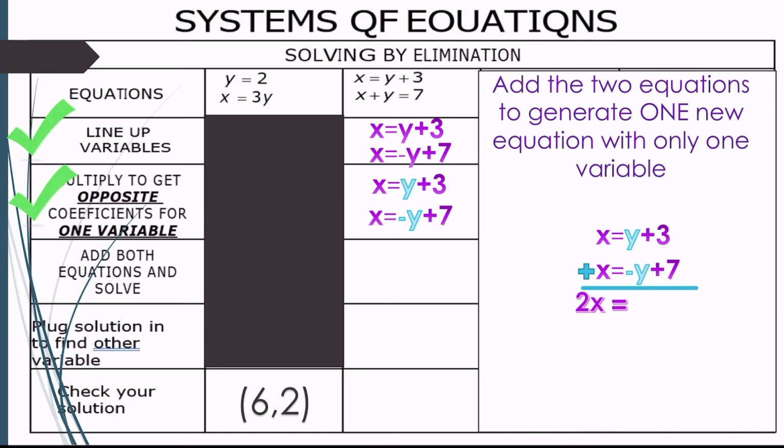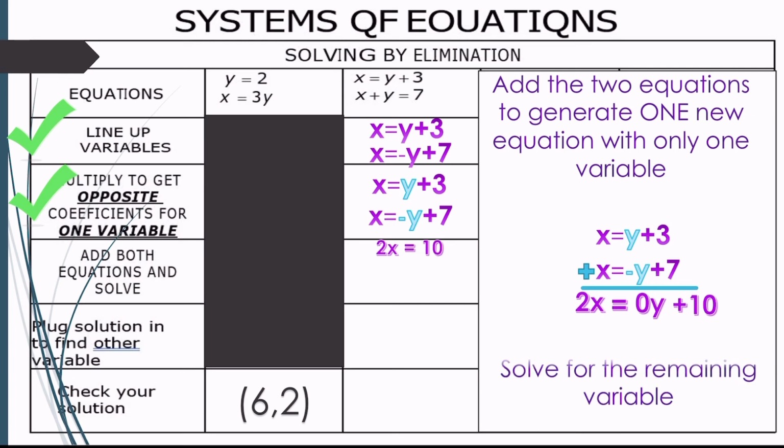And then 3 plus 7 is 10. So if you notice, 1 plus negative 1 is 0. Now keep in mind, we don't normally write 0y or 0x. That's just an unnecessary placeholder. So when I go over, I don't have to write it. I can just put 2x equals 10. Okay?